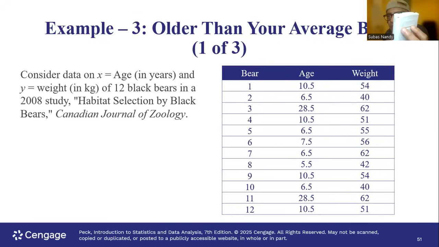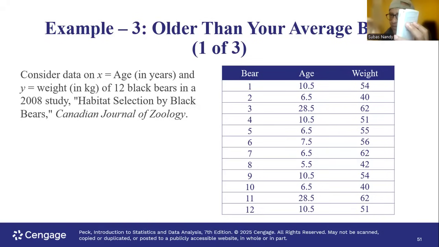Now, we can of course calculate the r and r square, but that does not tell us how good the fit is. The goodness of the fit in this case will be given by the residual plot. What is a residual plot? It is the residual on the vertical axis and the corresponding x values on the horizontal axis. What is the residual?